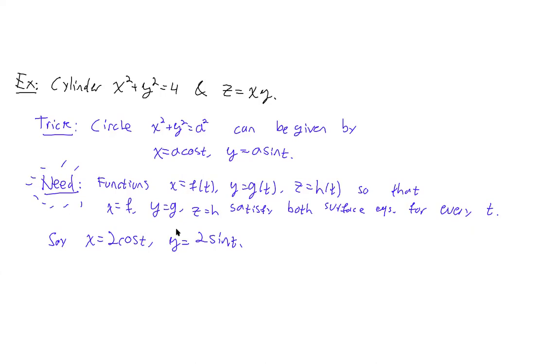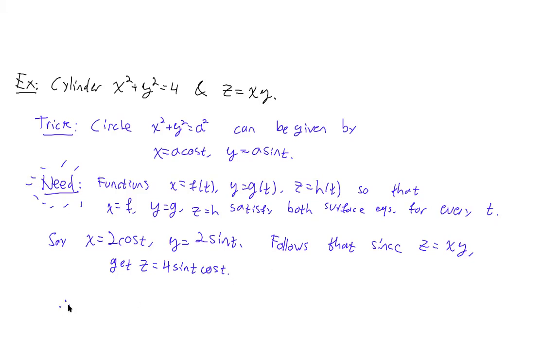How are we going to take care of that? Well, it's quite simple. Now that we know what x and y are, it follows that since we have to have z equals xy, that's not negotiable, that's what we've been given, we get z is equal to 4 sine t cosine t.